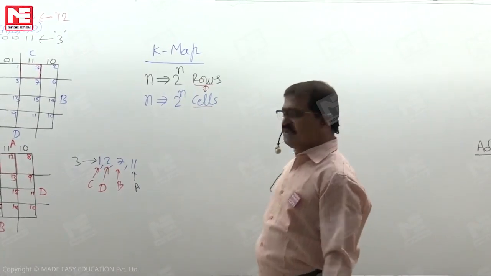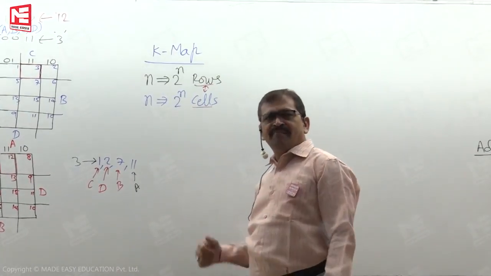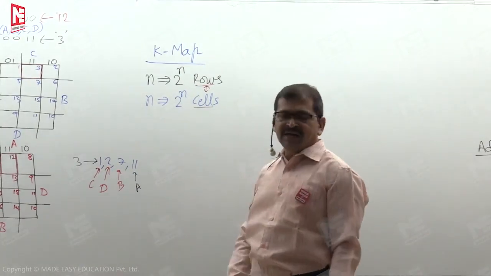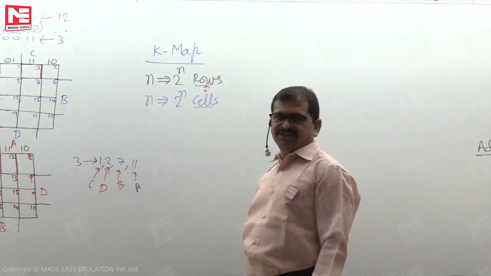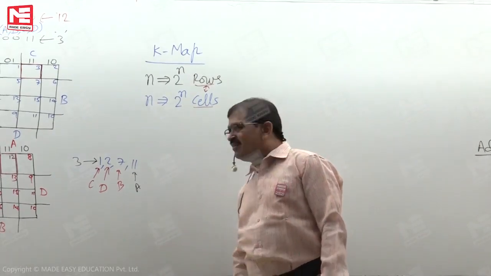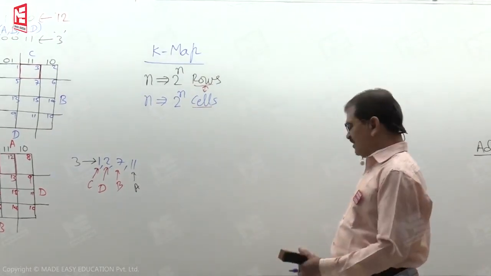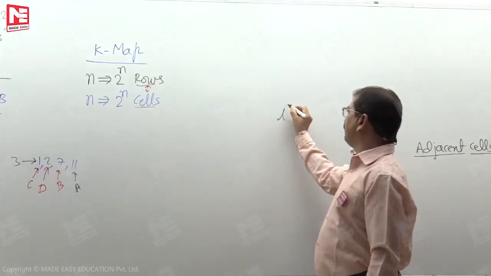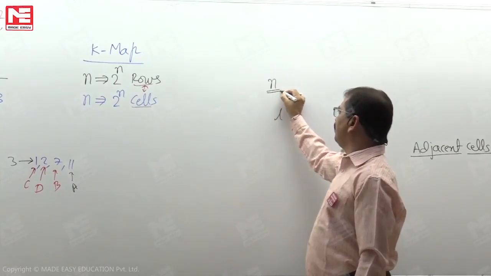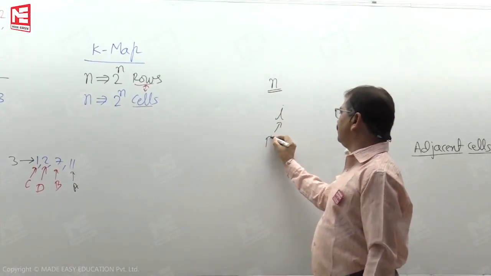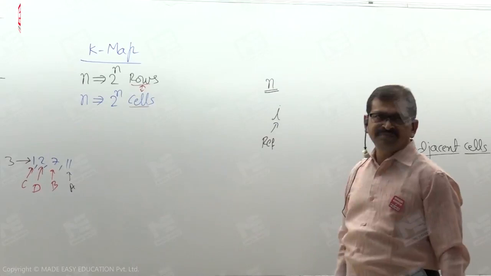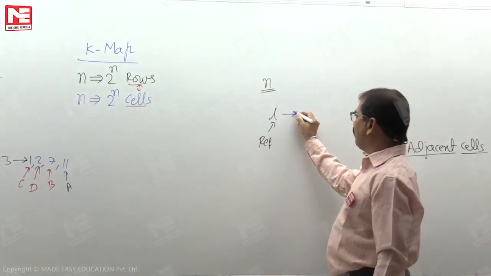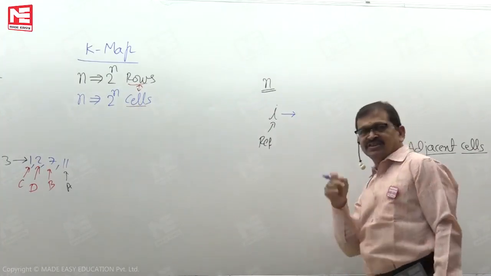So based on this, in this 4 variable K-map, for every cell we have exactly 4 cells which are adjacent cells. Now with all this knowledge, if we take a function of n variables, if I is a reference cell, then if I put the question, how many cells are adjacent cells?